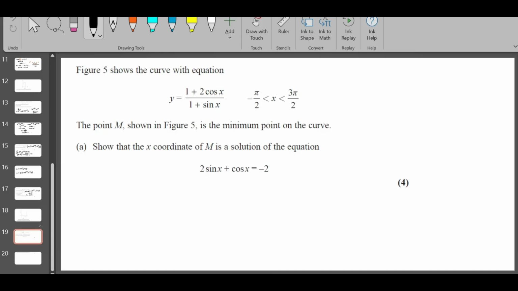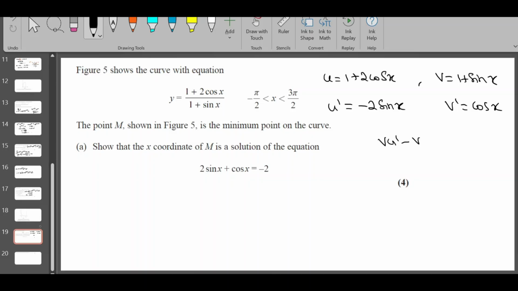So I'm going to take the numerator as u, 1 plus 2 cos x, and the denominator as v. You need to show all this working. u dash is minus 2 sin x, 1 becomes 0, v dash is just cos x. So the quotient rule is v u dash minus u v dash over v squared. You need to write dy over dx is equal to 0.